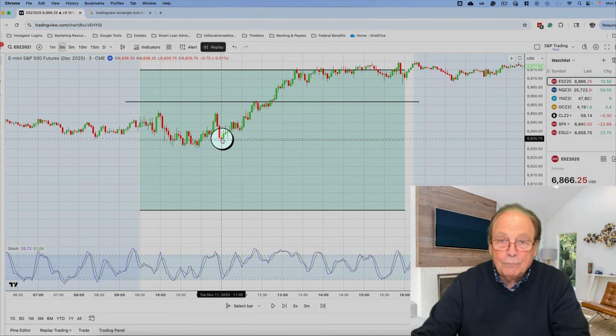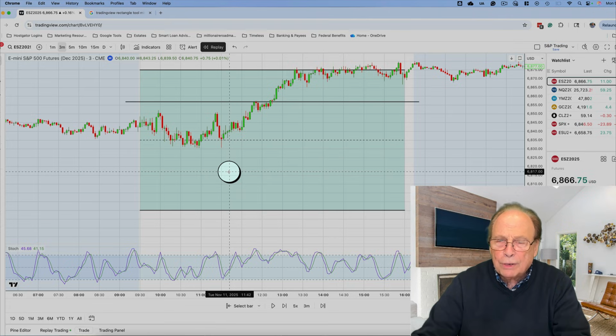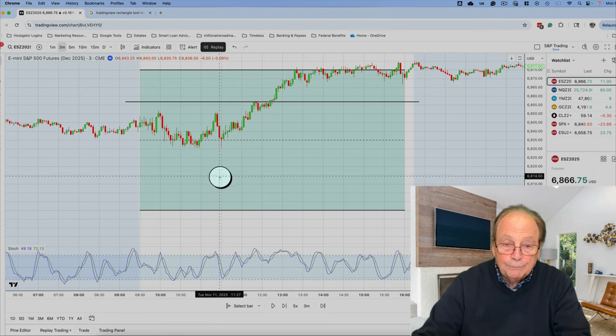The hammer itself is a pretty good indication of a market reversal, based on the fact that it is coming at the bottom of a previous decline. But we want to have some more assurance that the market is actually going to reverse, and that is an oversold stochastic. As we can see, stochastics are oversold right at the point of that hammer.